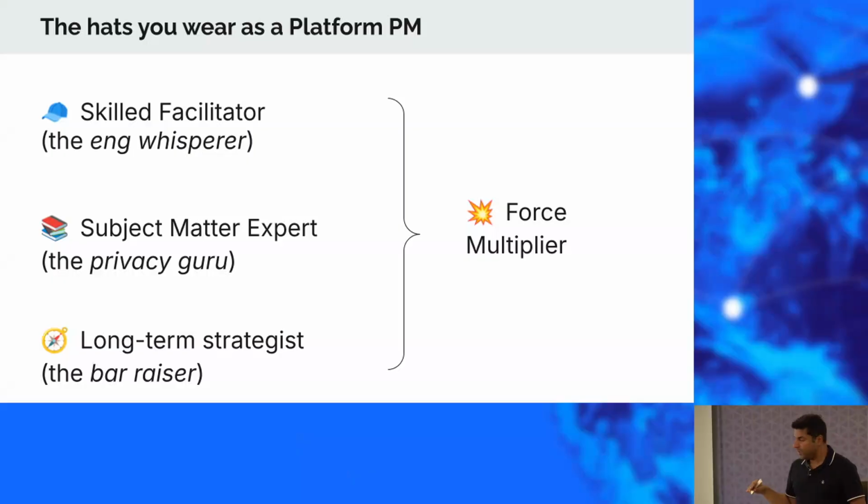And you're also being a long-term strategist and raising the bar for everyone else. You don't want to cut corners. It's about long-term, sustainable, durable products that you're building. So yes, it might be valuable to move fast, but moving fast does not mean that you're cutting a lot of corners.